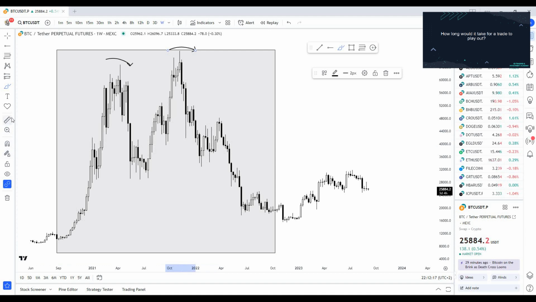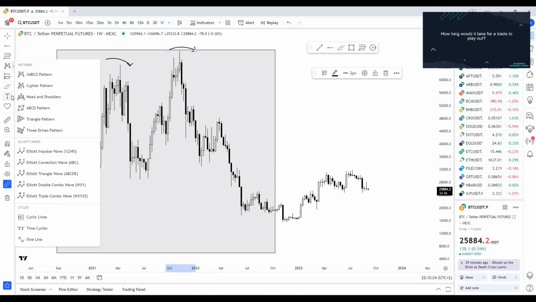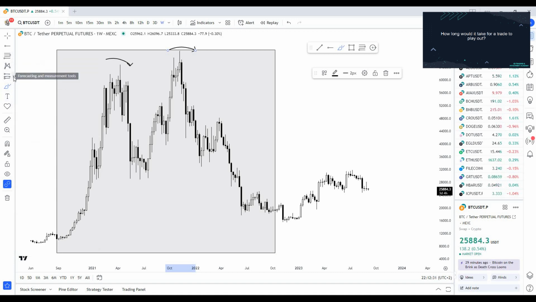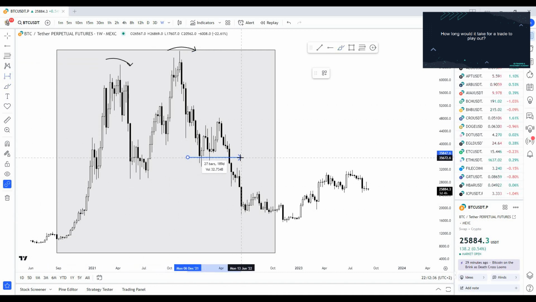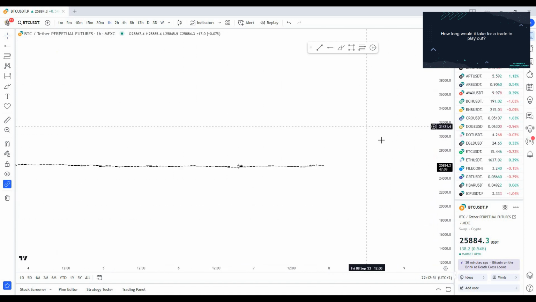As you can see, where is the measurement? Date range. So we're talking about, in this case, half a year, 182 days. That's a weekly chart, but we usually trade on the 1 hour or the 4 hour chart.